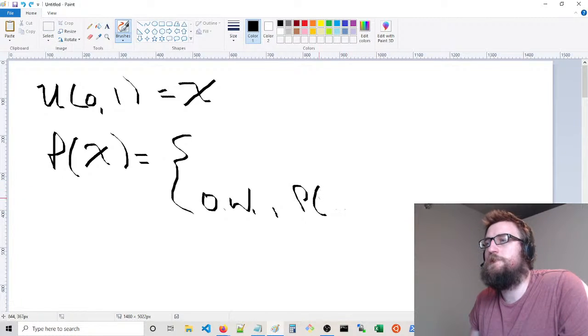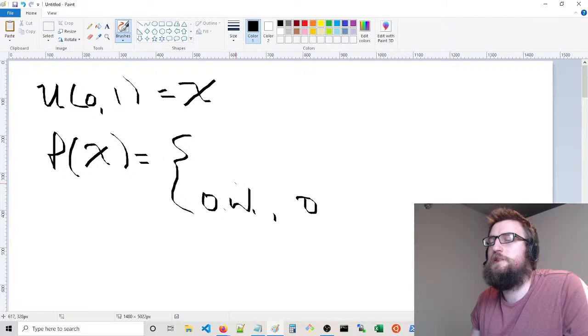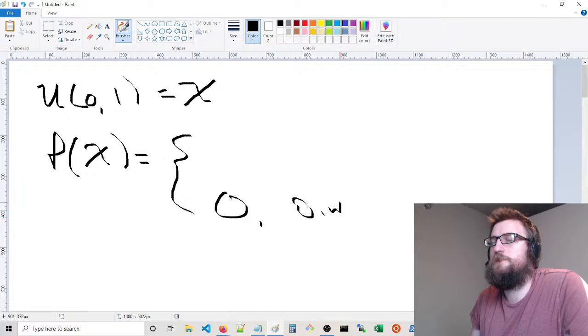And it's going to be 1 over 1 minus 0 for x between 0 and 1.